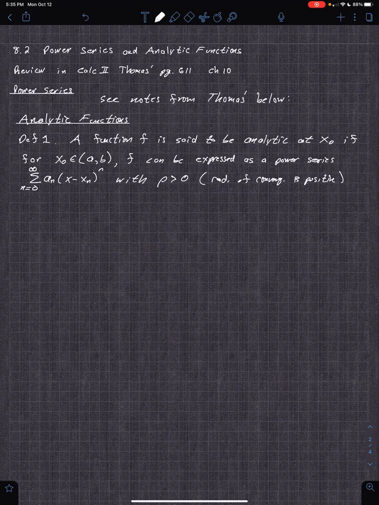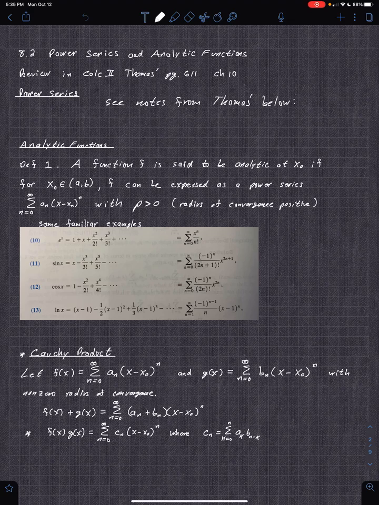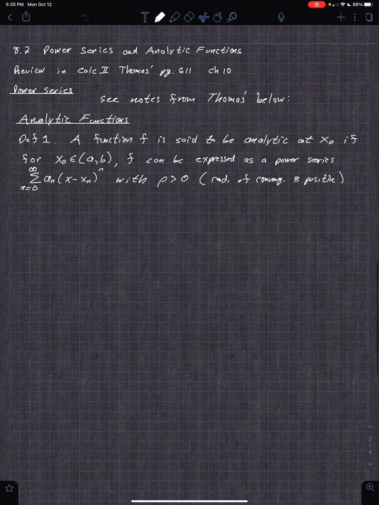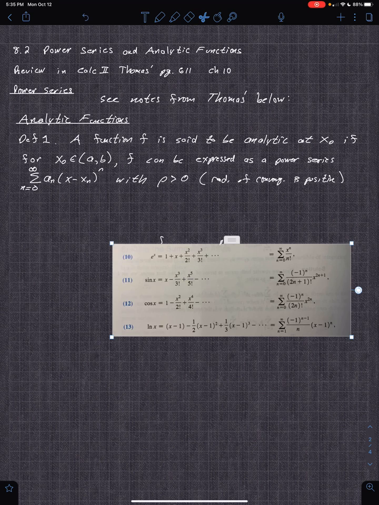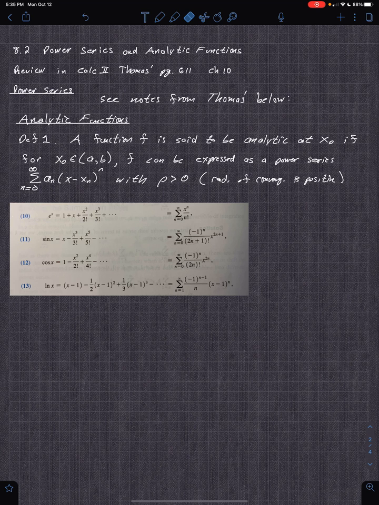Let me copy some familiar examples over. They're right here. Same as before, these are the power series cases. Forgot you gotta click on that. Oops, I must have grabbed those little doohickeys there. So there's some familiar examples that we can use.